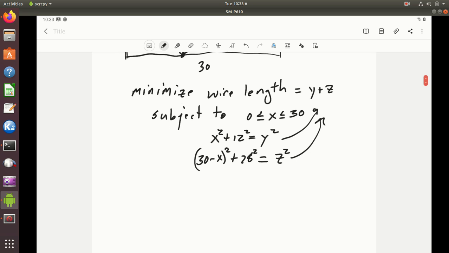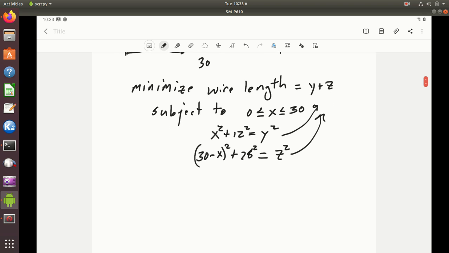So if we want to minimize this length, I don't think we can just minimize y squared plus z squared instead of y plus z. I'm pretty sure we can't.